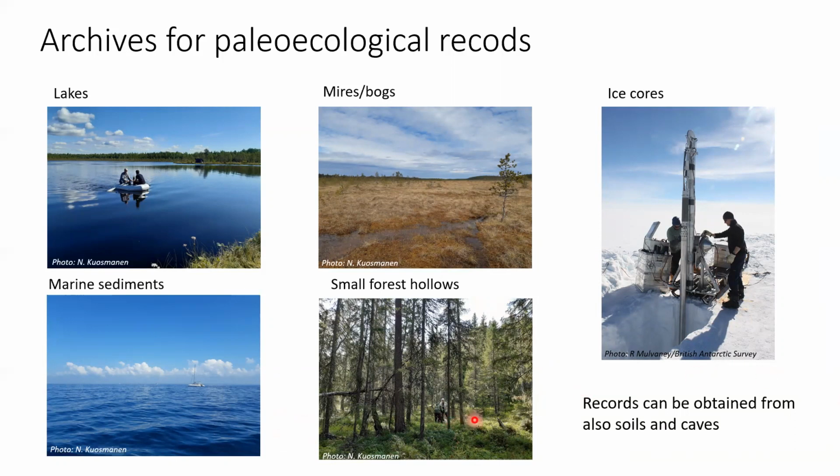Usually when the site is inside the forest, there aren't that many proxies or fossils, for example pollen or charcoal, transported with wind, but most of the information derived from these records comes quite near the site and within the forest. So this selection of the sites also affects the information that you will end up having.